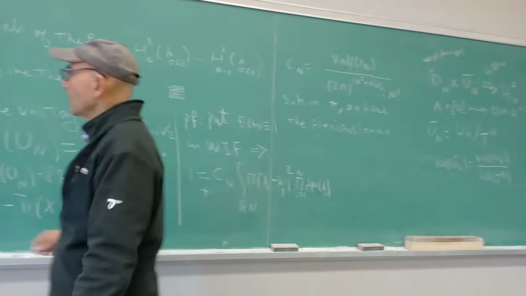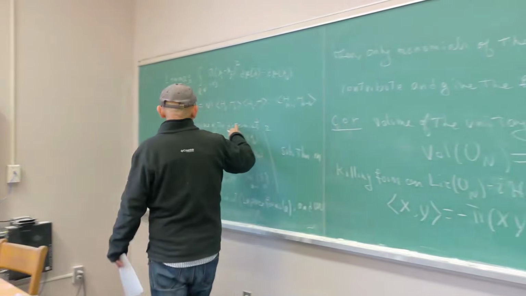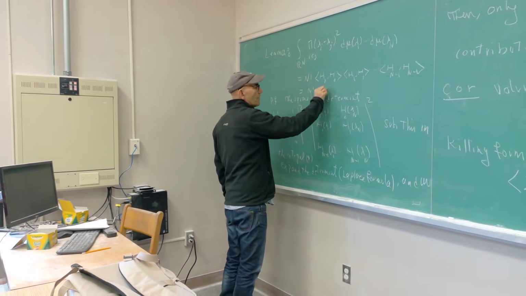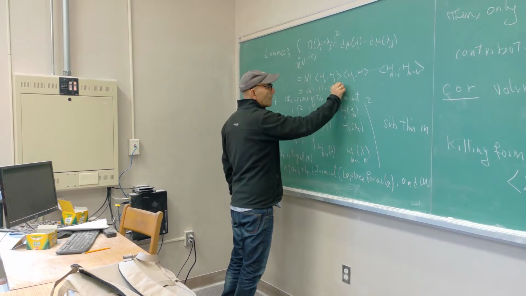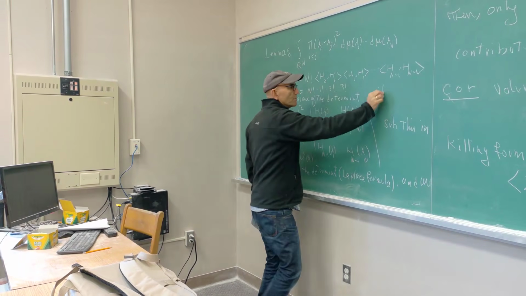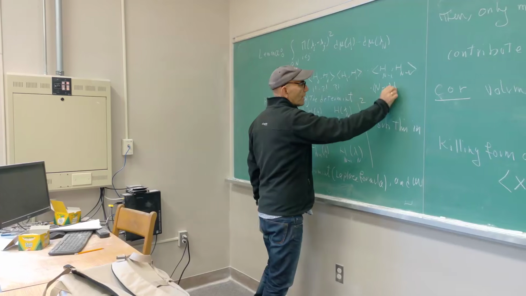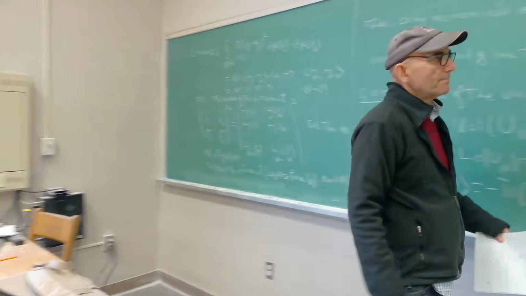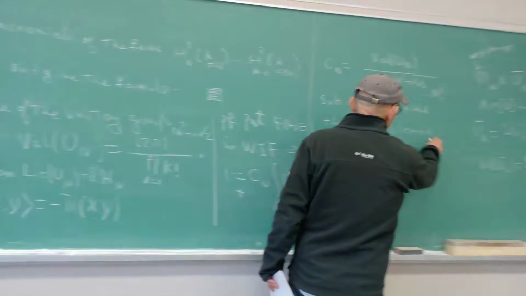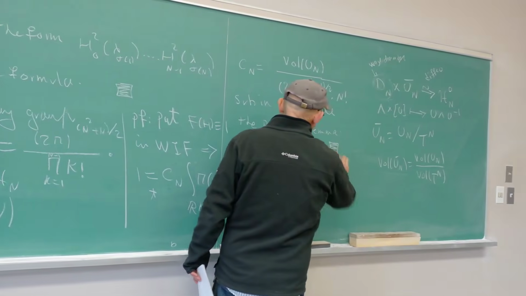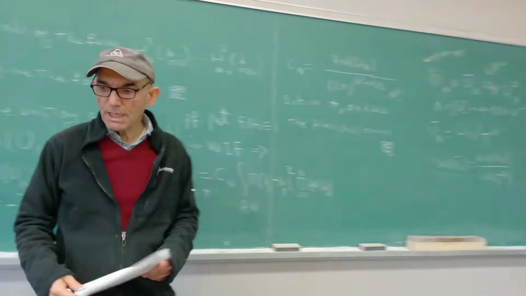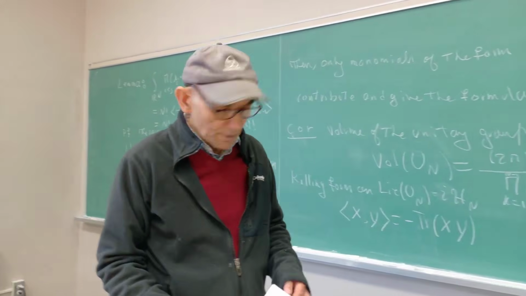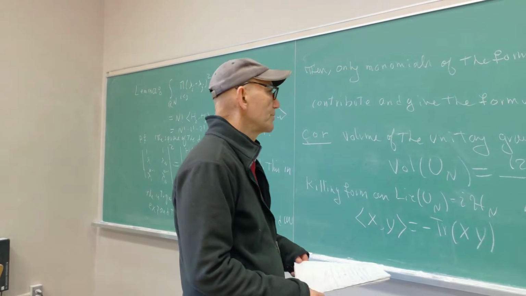Of course, with the calculation that we know, this is n factorial times 1 factorial times 2 factorial times 3 factorial times n minus 1 factorial times n factorial. So we get... So this calculation is interesting, a nice application of the Weyl integration formula.